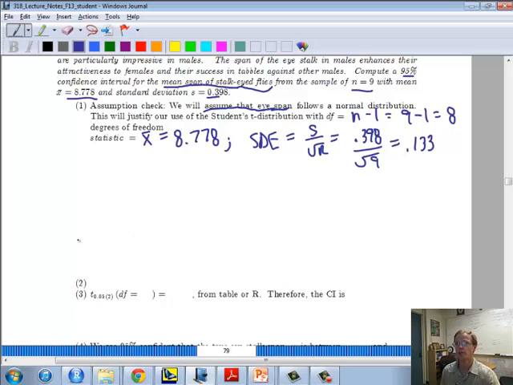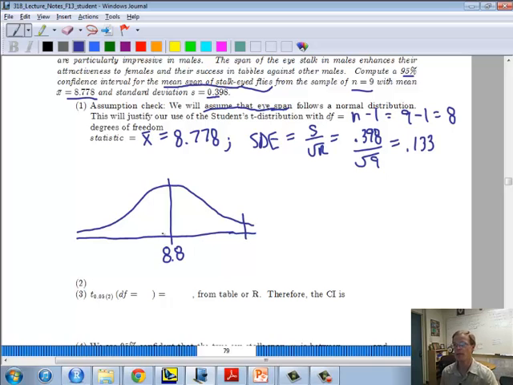Now I'm going to go ahead and sketch the curve. All of these normal confidence intervals look similar, so we're going to stick the sample mean in the middle, 8.8, let's say. Now we need the margin of error.